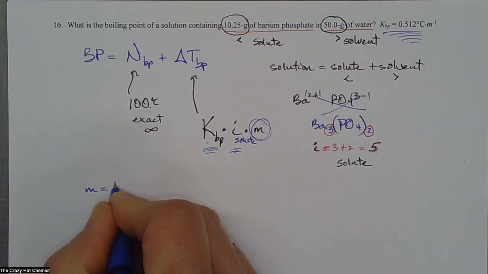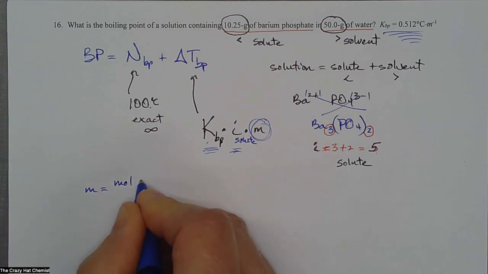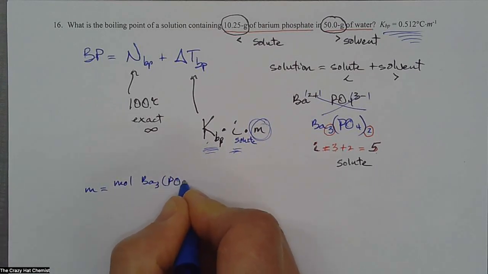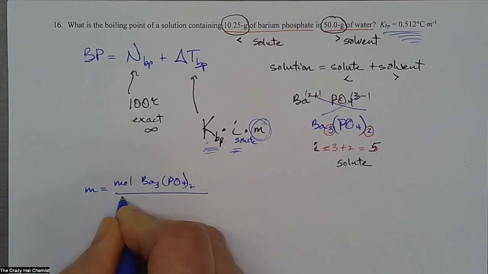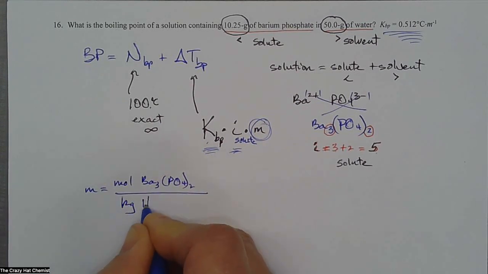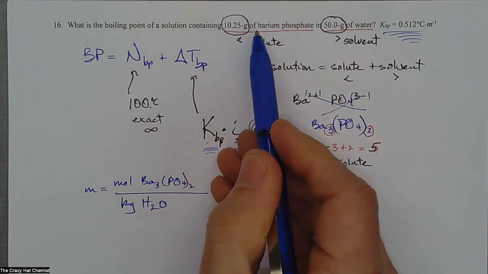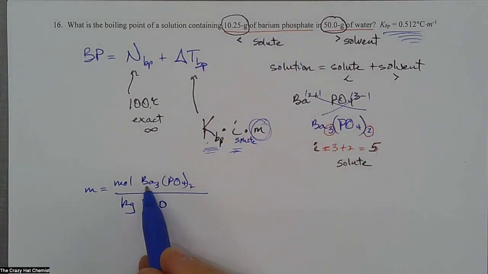Molality is equal to moles of solute, in this case the barium phosphate, divided by the kilograms of solvent, and that is the water, the universal solvent. We take our 10.25 grams of barium phosphate and convert that into moles.